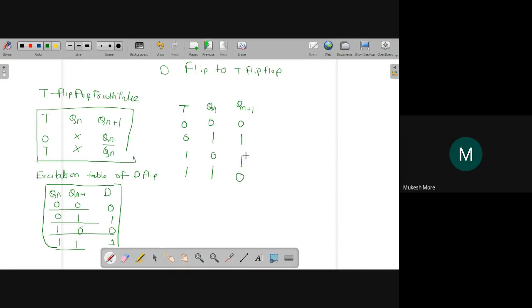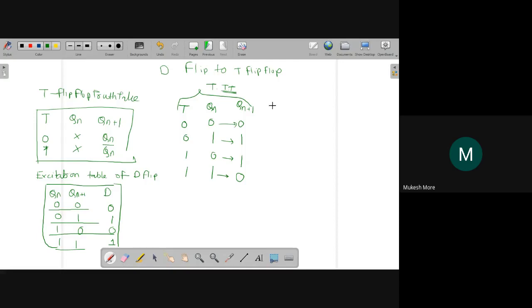So if T is equal to 1, then we are getting complement. Okay, and if T is equal to 0, we are getting same value. Okay, now this is about the truth table of T.